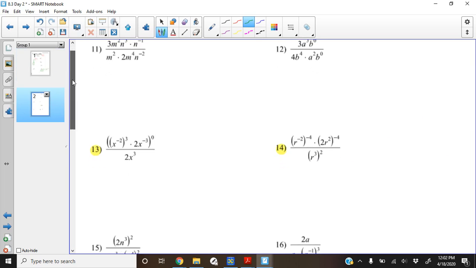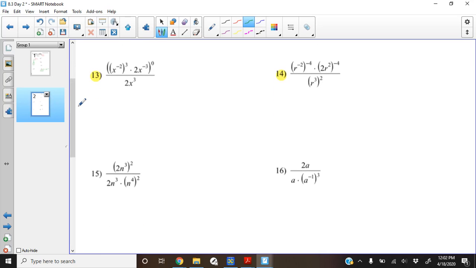Next problem we're going to work on are ones that have powers of powers in there. Now this looks super complicated, but I want you to recognize that this entire parenthesis is being raised to the exponent, and that exponent is actually 0. So what is anything to the 0 power? It's 1.